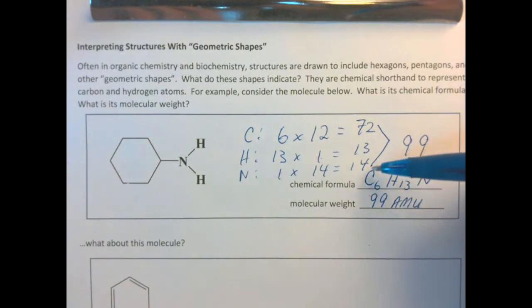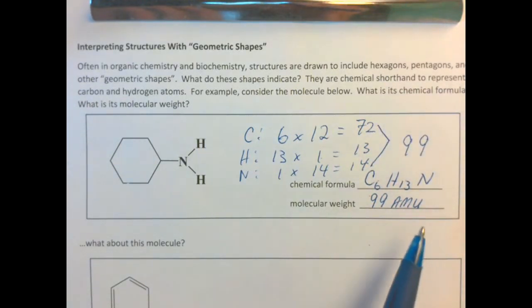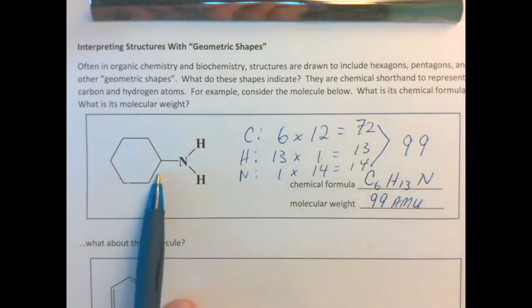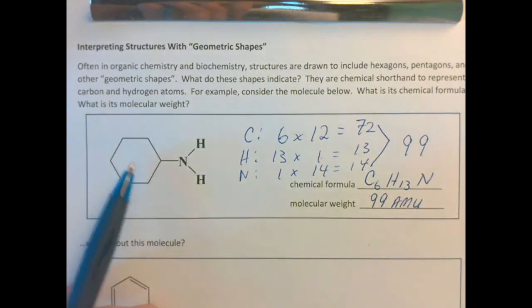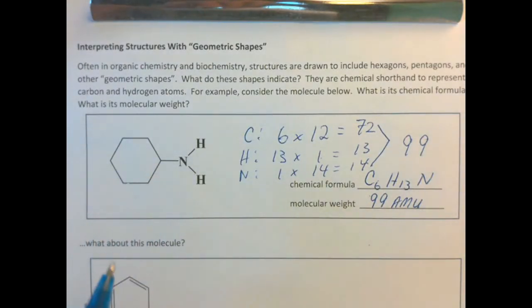Double check my math here. Yeah, it looks like I did it right. Okay, so that's 99 AMU. That's a whole lot easier to draw and a whole lot less messy than drawing all that out. However, if you need to figure out the formula weight of that thing and you're not sure, at some point you'll be able to do this in your head.